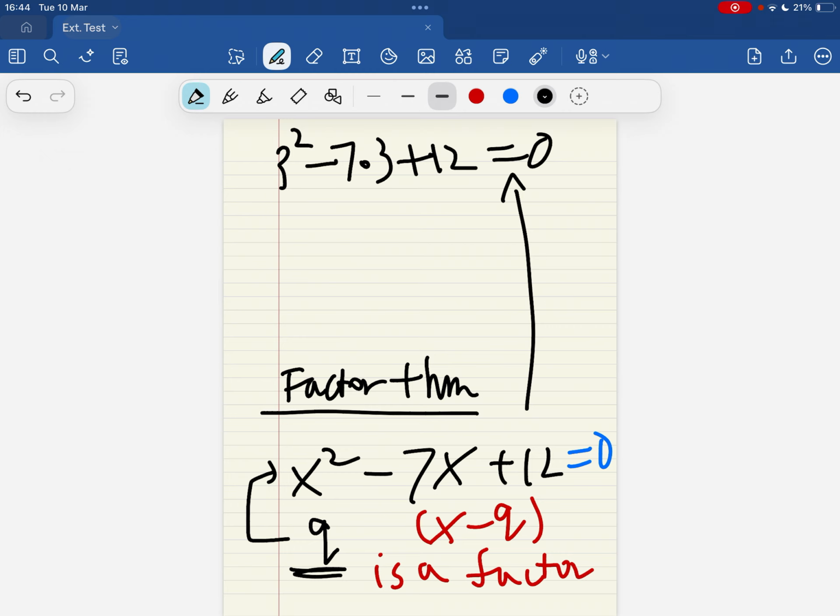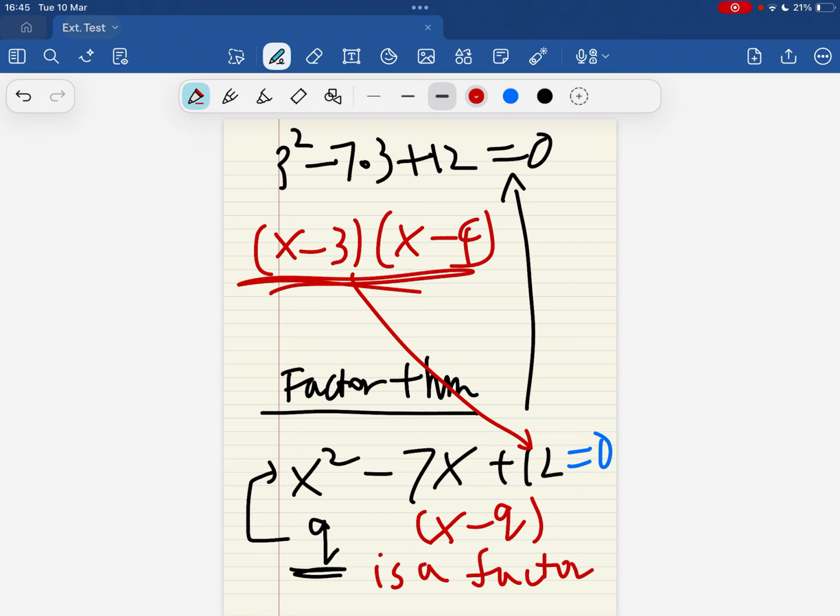What does that mean? According to the factor theorem, that means one of the factors of this quadratic is actually x minus 3. And that's actually really useful, because now you know what the other one is because of the constant term. You know the other one has to be x minus 4. And you just factor the quadratic without trying the actual numbers. You just tried substituting this thing in there.